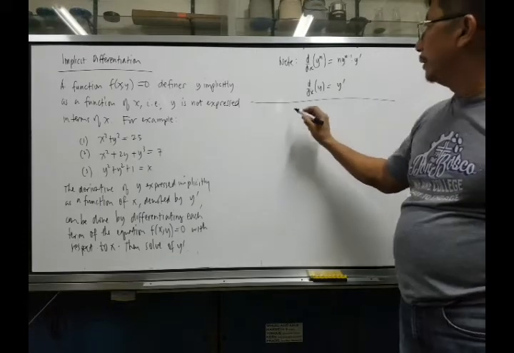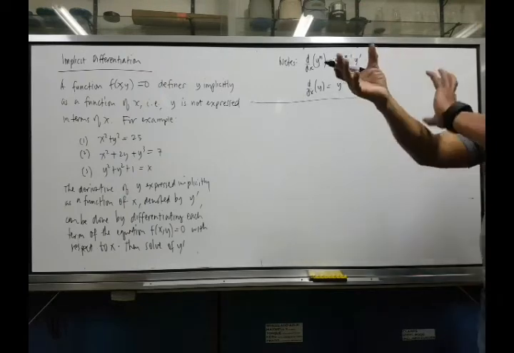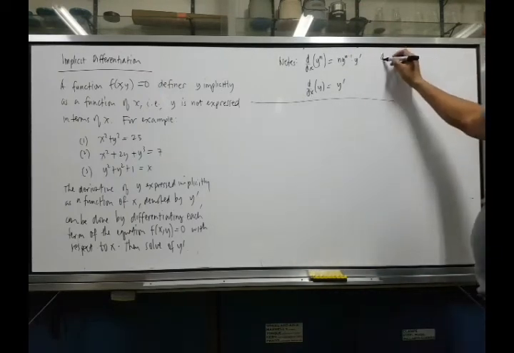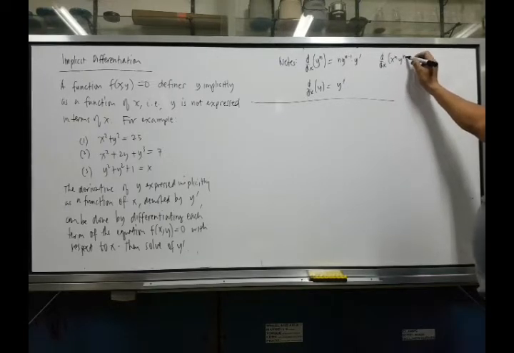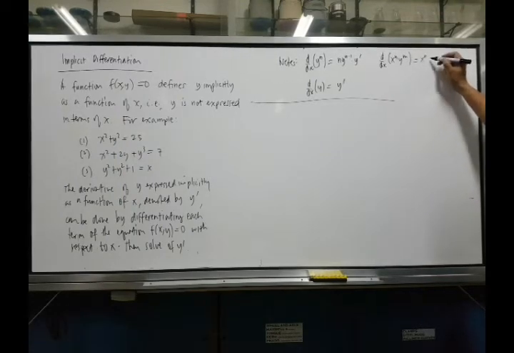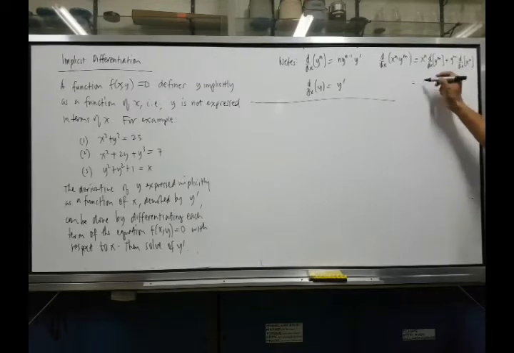If in case you encounter a product of x and y, you just use the product rule. For example, you encounter the derivative of x to the n times y to the n. So this is x to the n times the derivative of y to the n plus y to the n times the derivative of x to the n, all with respect to x.